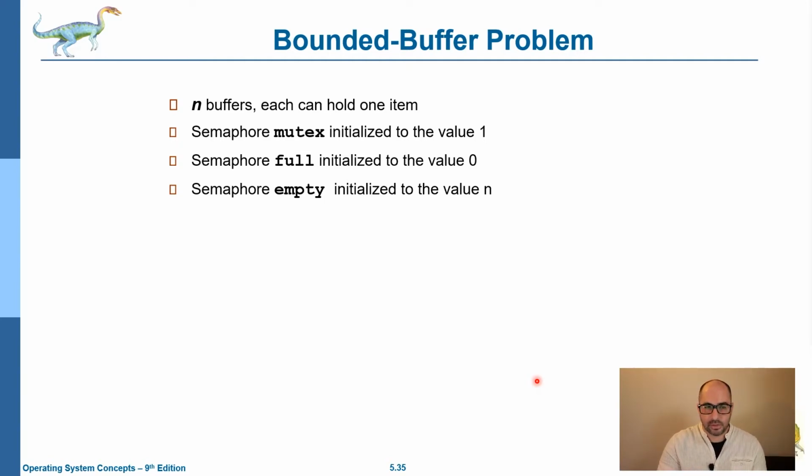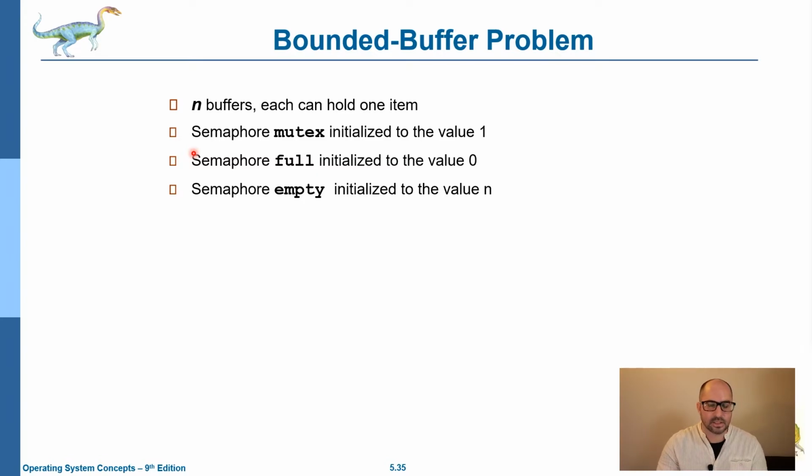We then have a mutual exclusion that protects the critical section, as well as a semaphore that indicates whether or not the buffer is full, and then another which indicates which is empty. So the empty one says how much capacity is left, and the full says that the buffer is full.